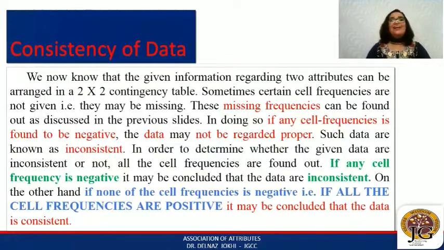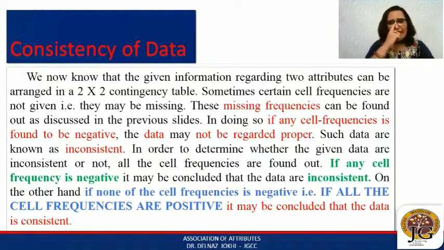So right now, let's understand what do you mean by consistency of data. Right. Now, remember the table which you had made? In that table, when you calculated honest, dishonest, educated, uneducated, वो सारी missing frequencies आपने plus minus करके ढूंढ ली थी. Yes or no? Okay. Start reading these red highlights. सब कुछ पढ़ने की जरूरत नहीं है. Missing frequencies आपने कैसे ढूंढी? Plus और minus करके. ठीक है.